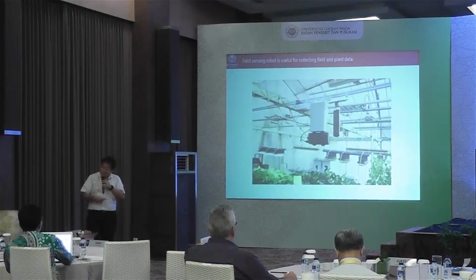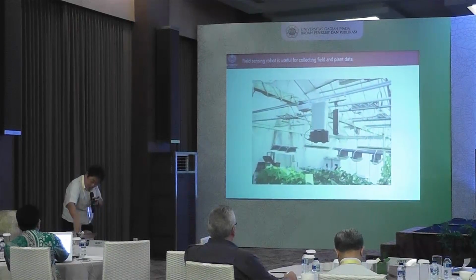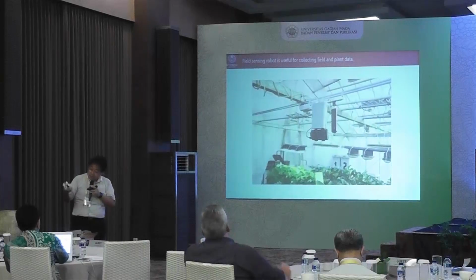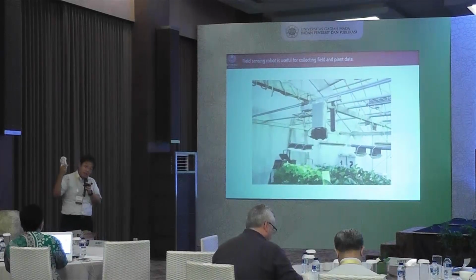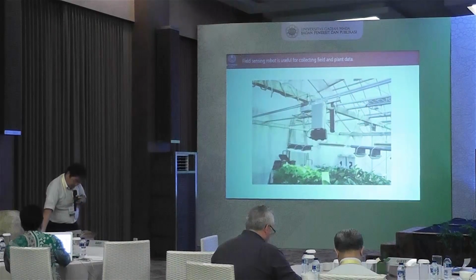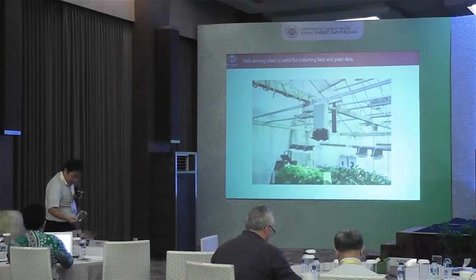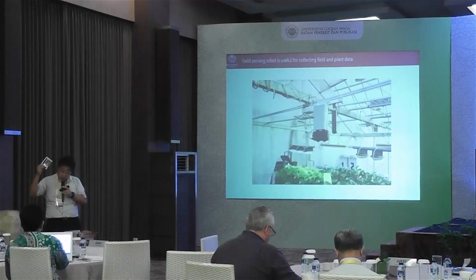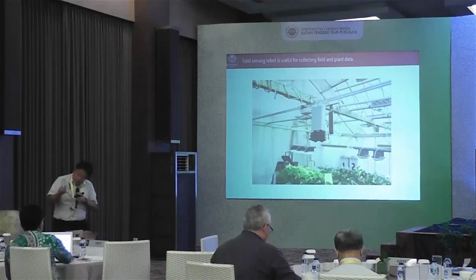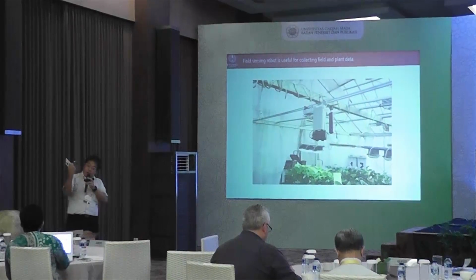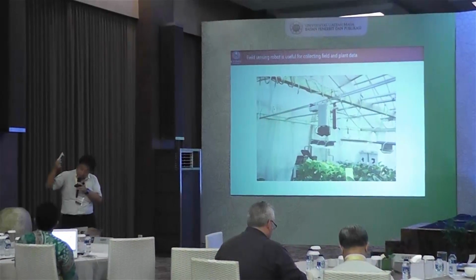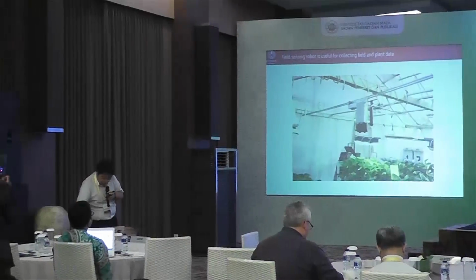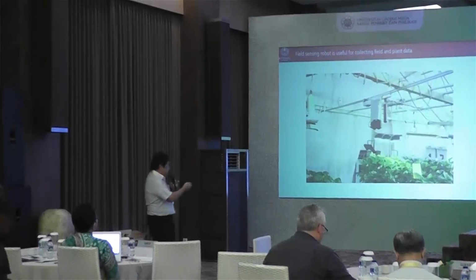This is the driving part of the robot, developed with a 3D printer. This is a Raspberry Pi with a motor controller, and this is a stereo vision camera. It is also not so expensive. So we get the information.